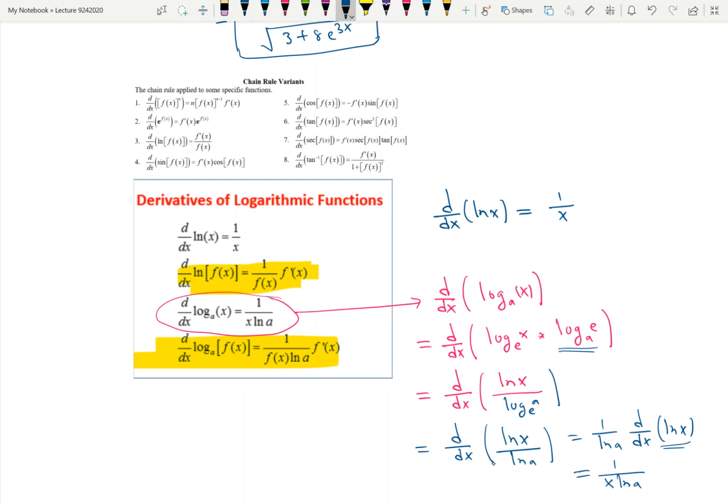This is the result. Okay, it comes this way. Similarly, you can derive this one.